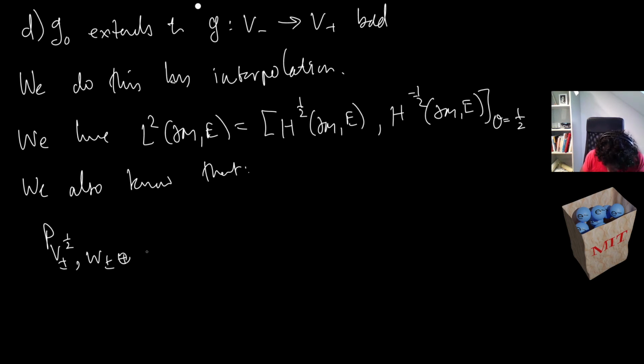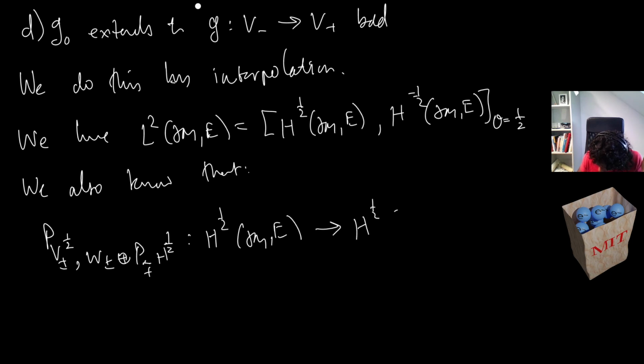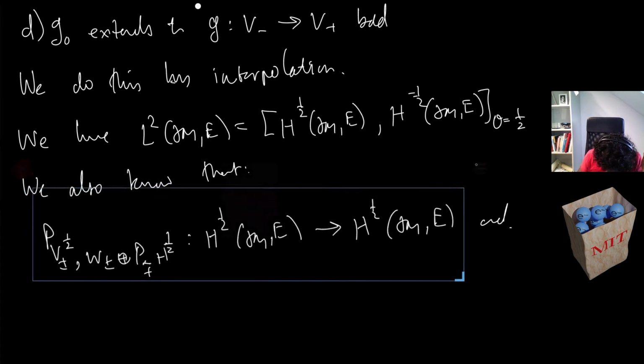Plus P minus plus H a half is going to map me from H half to H half, and we now have the same thing but with minus.